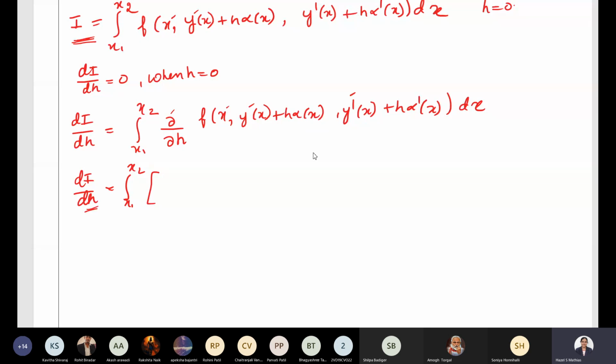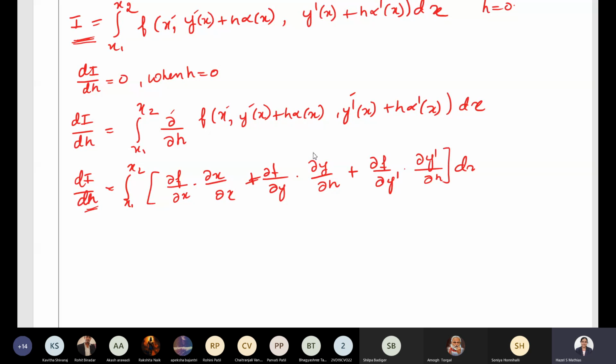So when you apply the chain rule for partial derivatives, we get dou f by dou x into dou x by dou h plus dou f by dou y into dou y by dou h plus dou f by dou y dash into dou y dash by dou h, into dx. This is the concept of the chain rule.